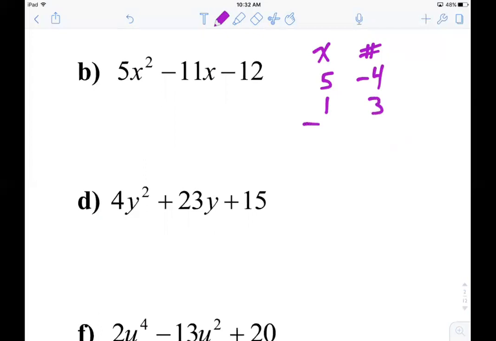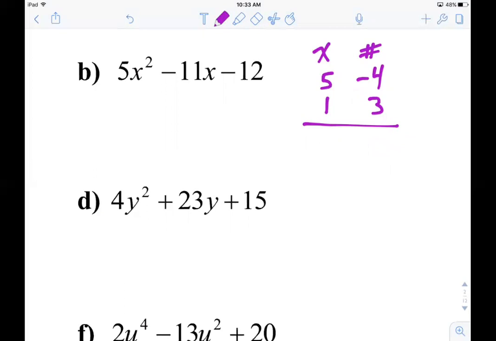Well, if I try a crisscross there, I would get 5 times 3 is +15, and this one here would give me -4. But if I add those together, I don't get -11. In fact, I get +11, which means I'm sort of on the right track, but maybe I just need to flip things around.